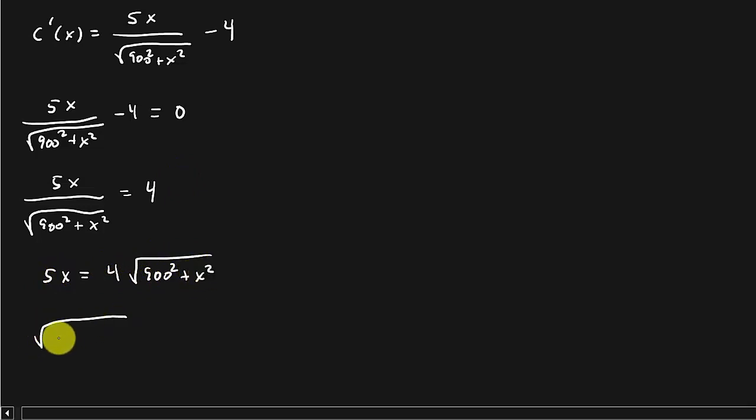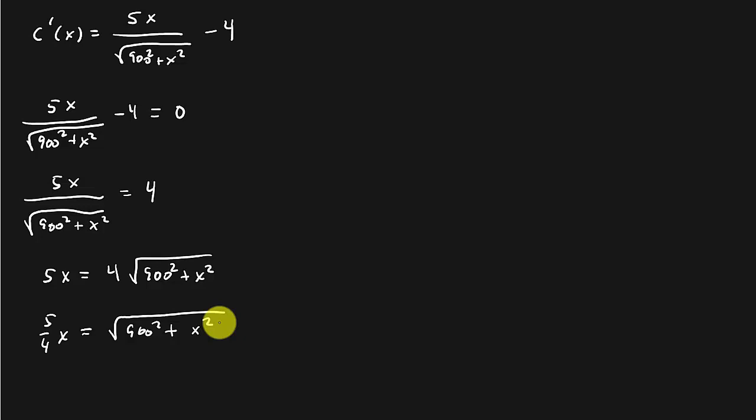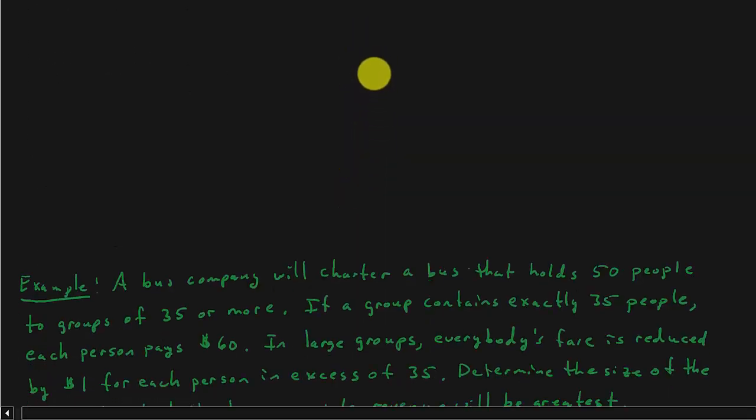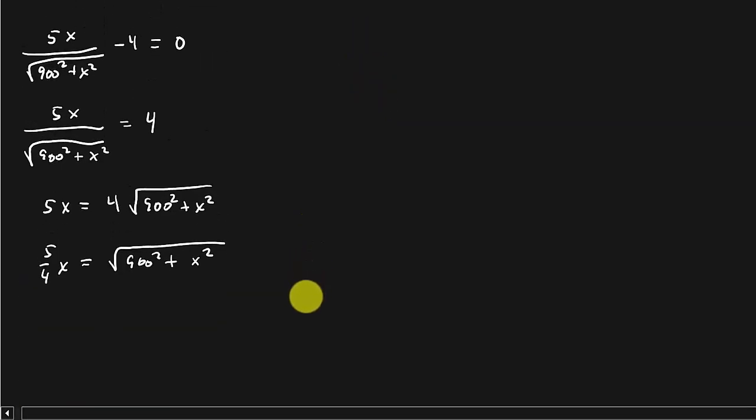So the square root of 900 squared plus x squared equals 5/4 x. Let's write it as 5/4 x equals the square root of 900 squared plus x squared, and just leave it like that. It doesn't matter which side you write it on. Well, I left myself a bunch of room on this problem, didn't I?